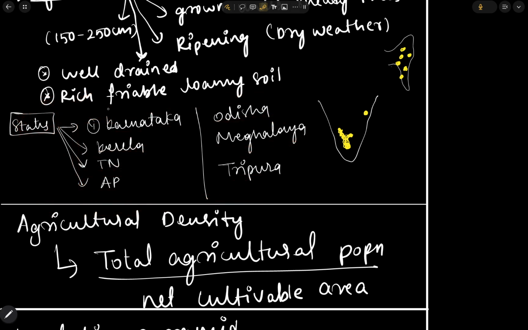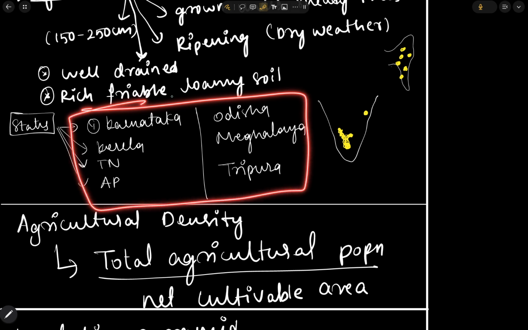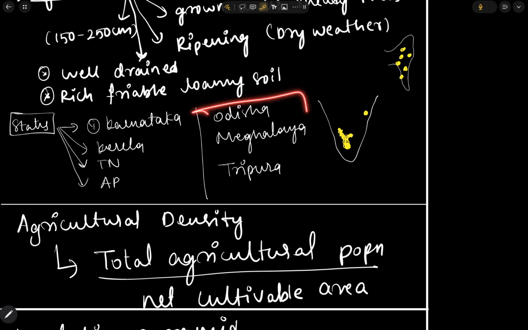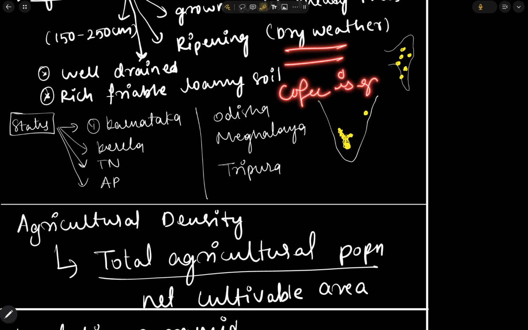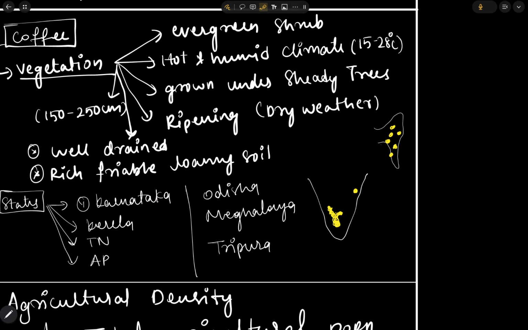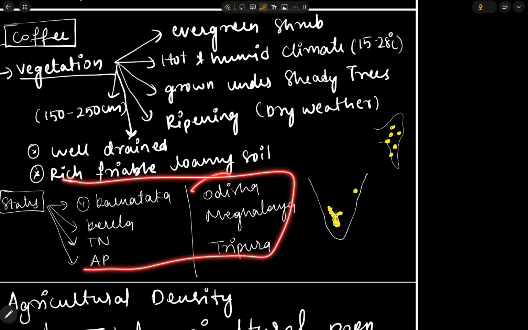We need to have a look at this and try to remember it, because they might also ask about the states. One of the statements might say that coffee is grown in Karnataka, Kerala, and Chhattisgarh. So we need to remember this kind of information, because coffee has already been asked in the UPSC prelims examination.